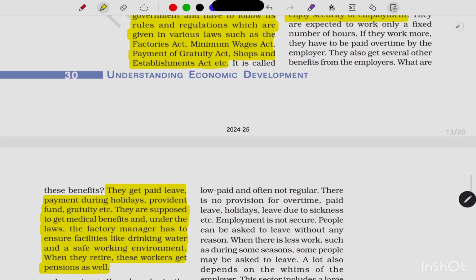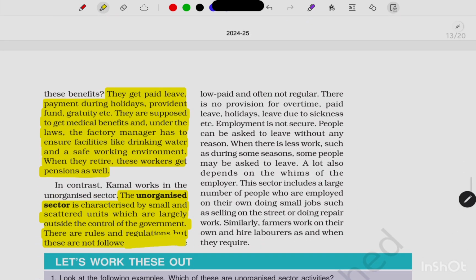So, jobs here are low paid and often not regular. There is no provision for overtime, paid leave, holidays, leave due to sickness, etc. So basically, if you are in such an unorganized sector, it is best if you don't do overtime.